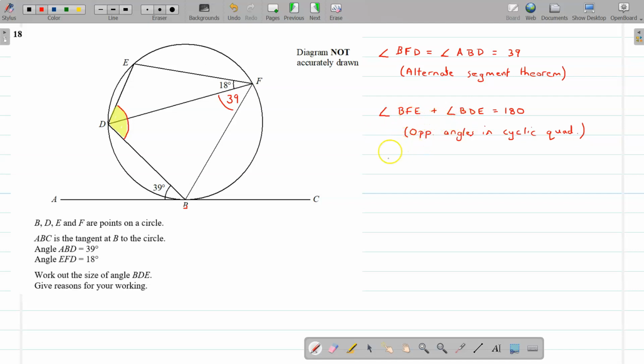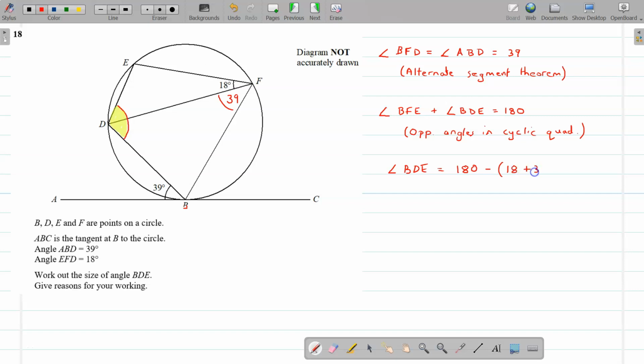So what is the actual value? From that information I can say that angle BDE is equal to 180 minus the two angles that make up BFE, which is 18 and 39.